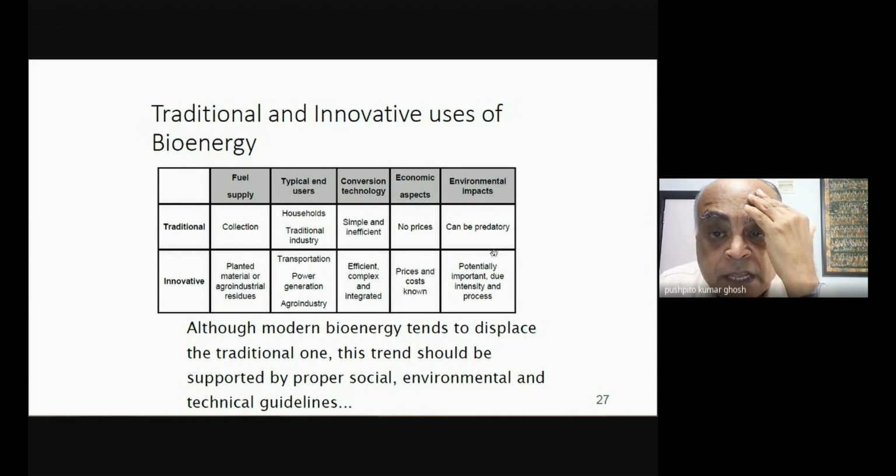And as I told you, environmental impacts today matter: nobody will allow you to do any project on biomass if you do not have a good understanding of the overall environmental impact of your project. You must know.